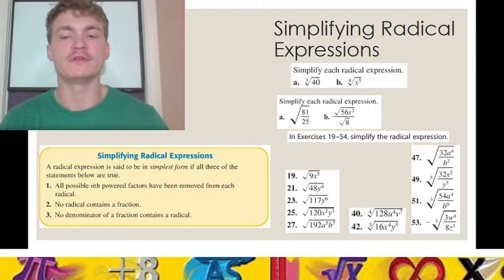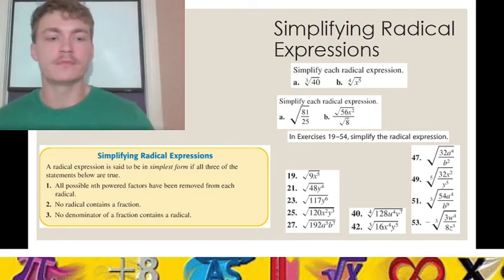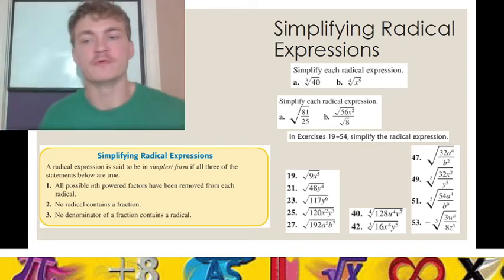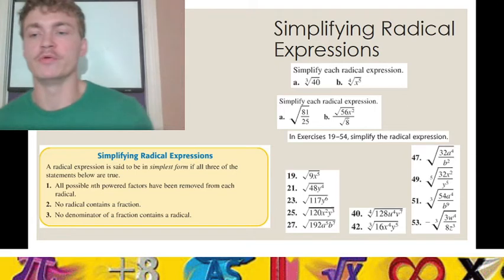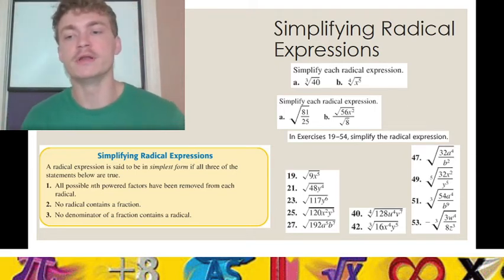Starting with 47, the square root of our fraction 32 a to the fourth over b squared. We see here that by using our quotient rule for radicals for 47, we will write the square root of our numerator divided by the square root of our denominator.